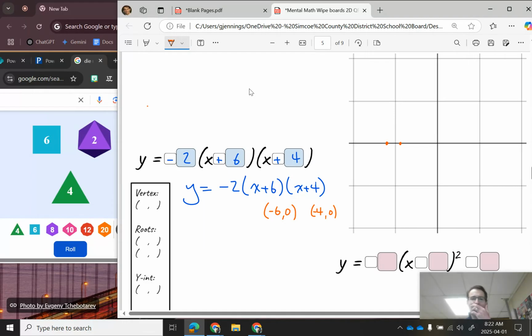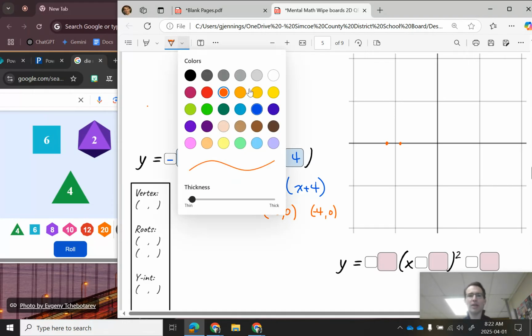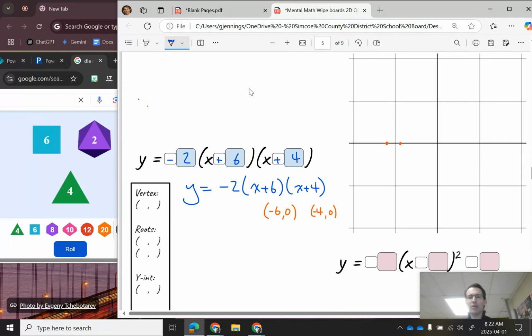All right, now I'm going to expand this and get it into standard form because I know that's going to tell me the value of the y-intercept. So I have minus 2. I'm going to leave that outside the party for now. x squared plus 4x plus 6x plus 24.